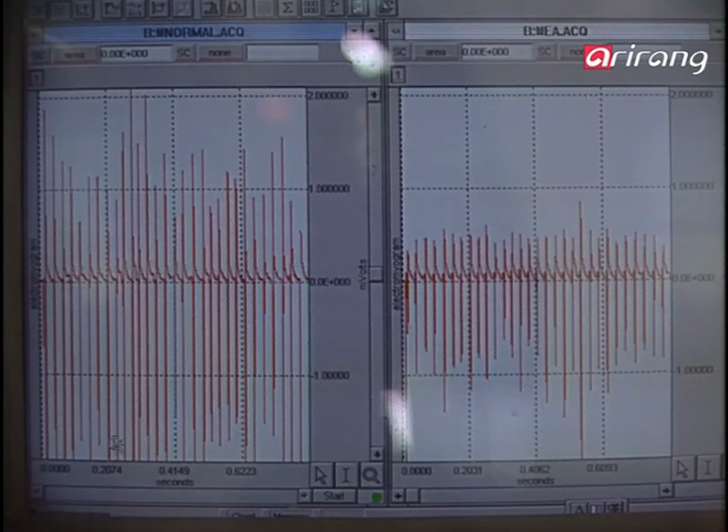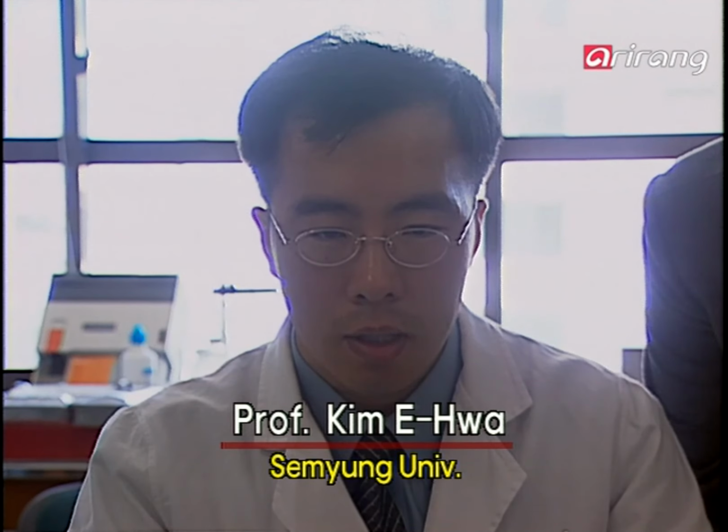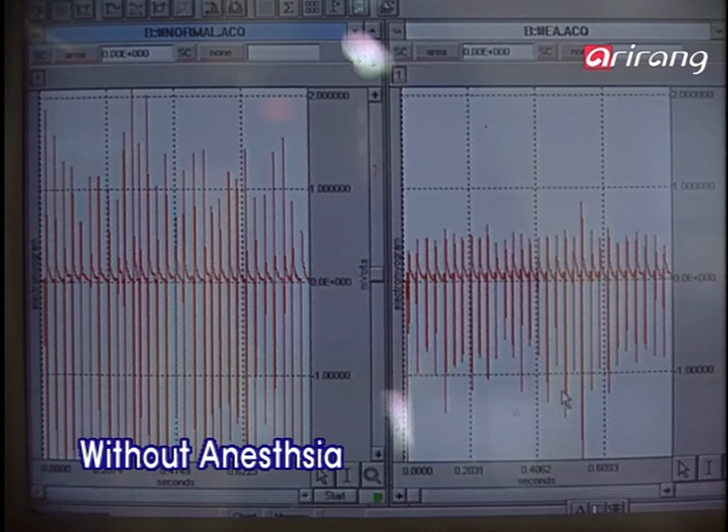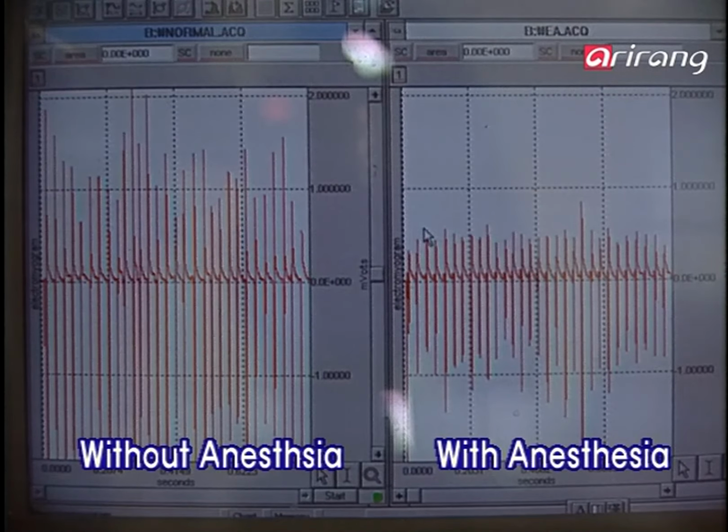The graph on the left indicates the pain level without anesthesia, and the right graph indicates the pain level with anesthesia. As you can see, the amplitude is much higher in the left graph, as the rat experienced much severe pain compared to the right graph.